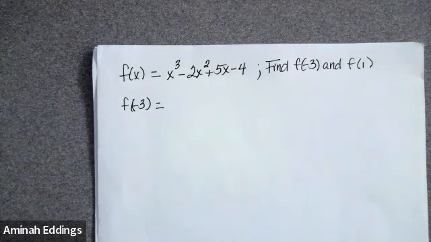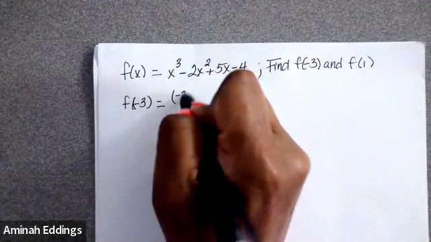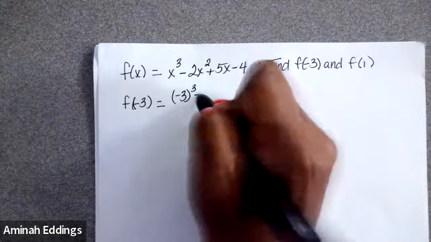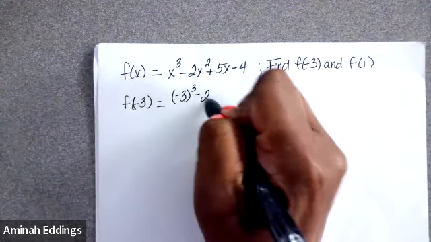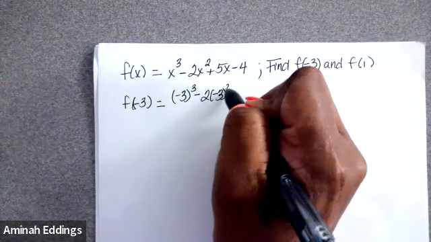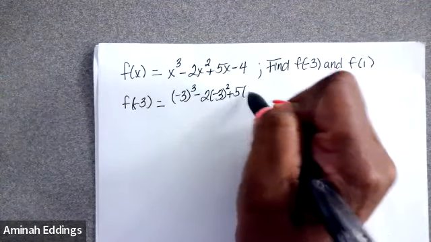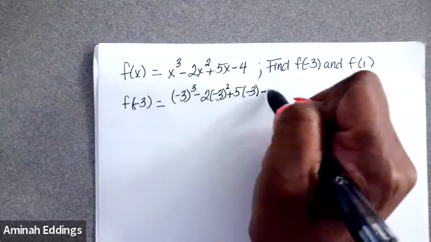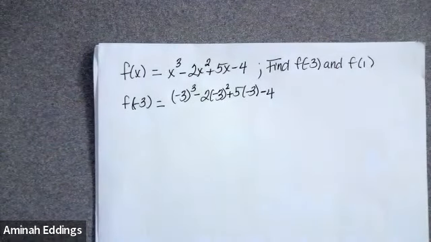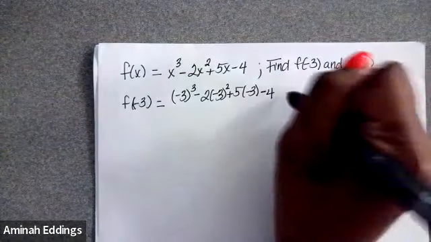Wherever we see x, it is now negative 3. So we're going to have negative 3 to the third power minus 2 times negative 3 squared plus 5 times negative 3 minus 4. What do you get?